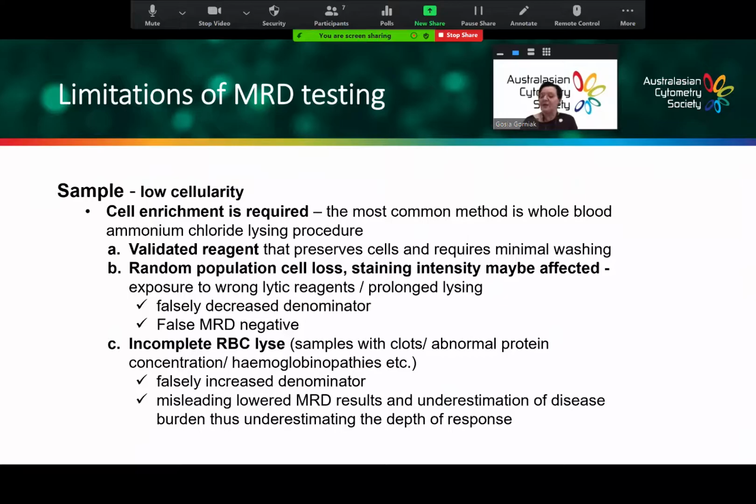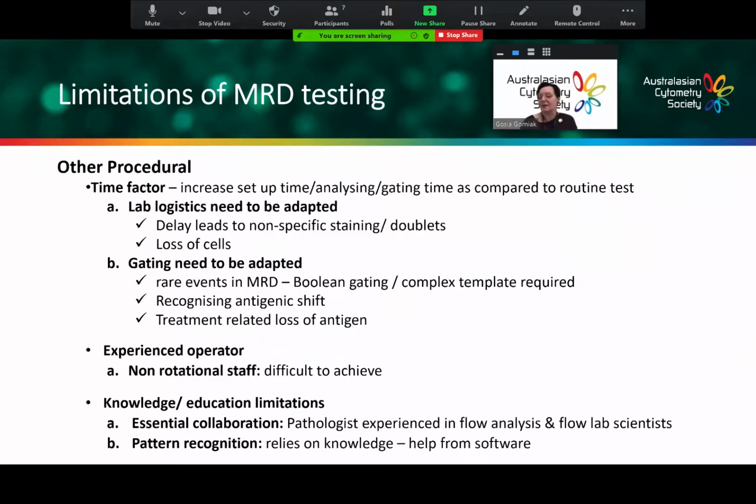But other limitations for MRD testing faced by labs is the time factor, because we all are facing increased time for every step of MRD testing, whether this is a set of tests, some of which need cytoplasmic staining that will add to your time. The analysis requires more time, and the gating, as we compare it to the routine. So it's no longer quick analyzing and setting up.